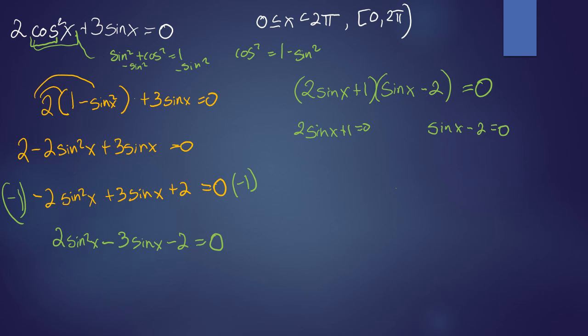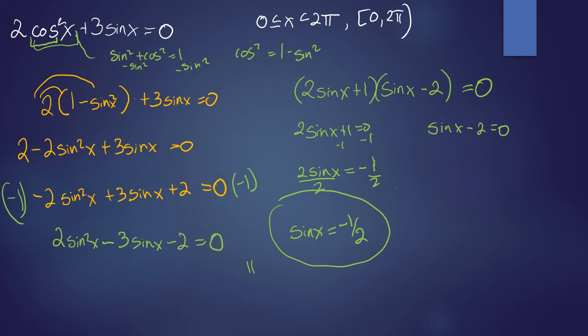So if we take the first and we subtract 1 from each side, we get that 2 sine x equals -1, and then we divide each side by 2, we get that sine of x equals -1/2. Now because sine is negative, we know that we're going to be in quadrant 3 or quadrant 4. So we're going to narrow those down.